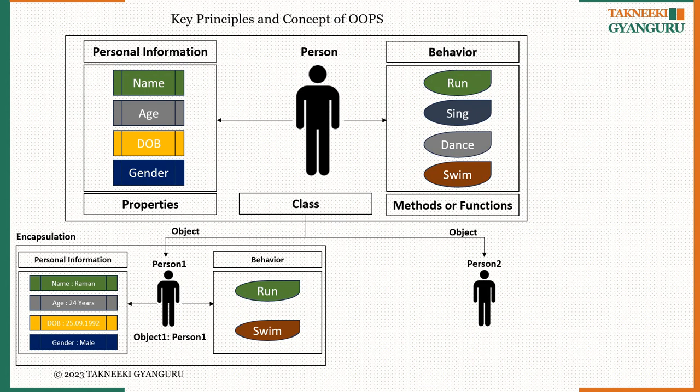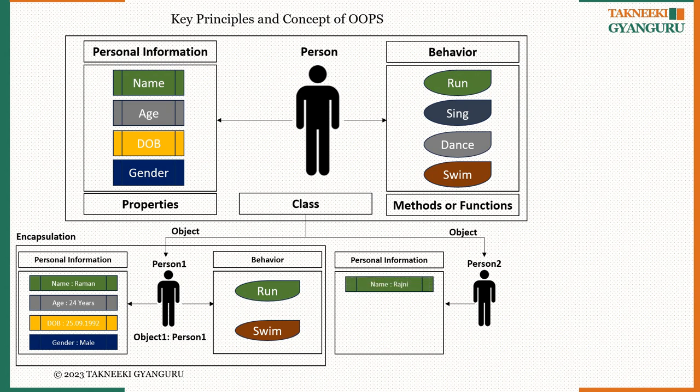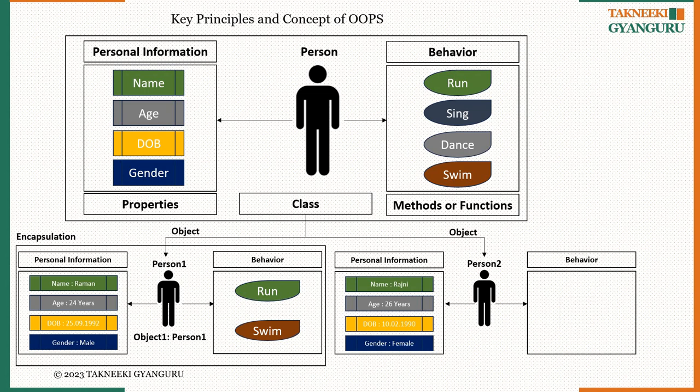So now we create another object, person two. Again, the personal information we have, like the name, value we provide is Rajni, and the age value is 26 years, and date of birth value is 10 to 1990, and gender I put female, right?